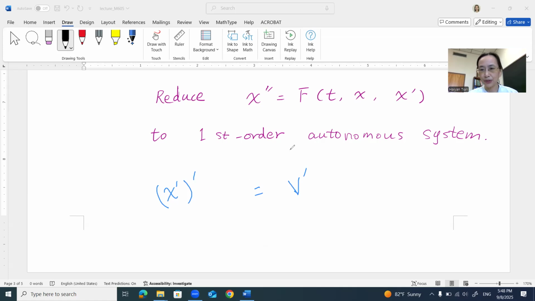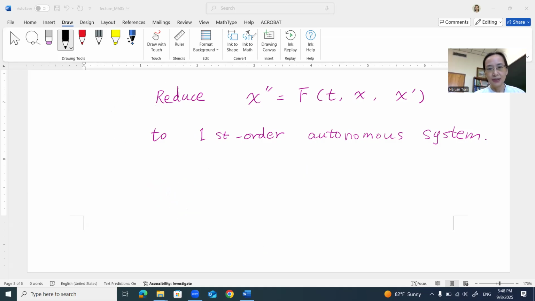So that's a way to reduce the order. We just introduce a new function, and then x prime will be our v, right? A new function.